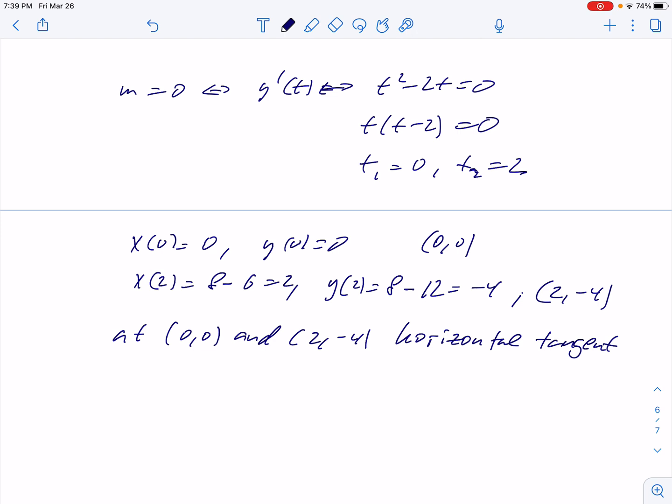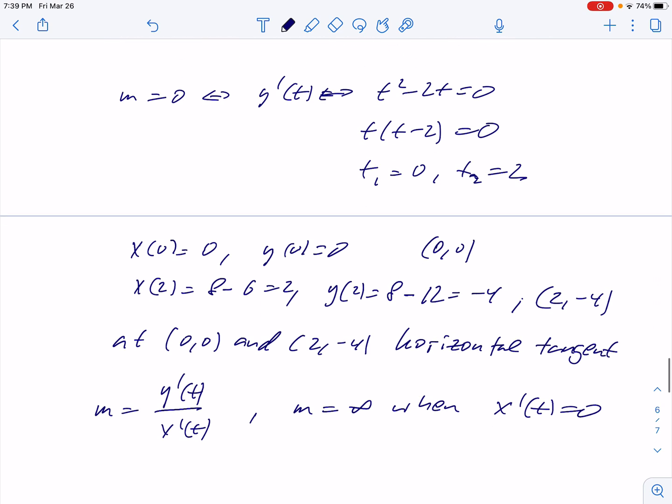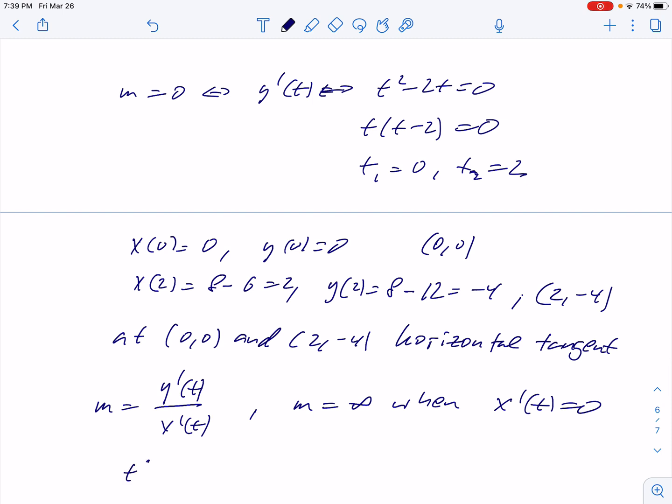Now about the vertical tangent. Again I'm writing the slope, y prime t over x prime t. The slope will be infinity when the denominator is 0. So this corresponds to t squared minus 1 equals 0.